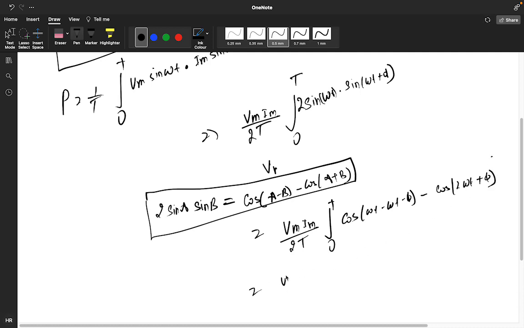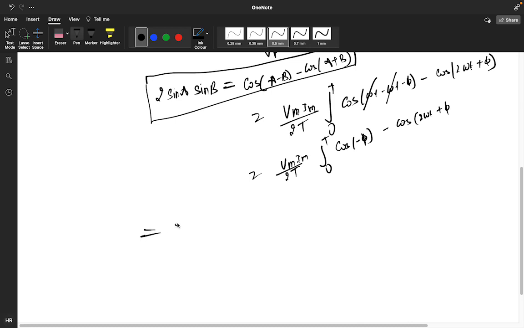So from here you are getting Vm Im by 2T, 0 to T, the omega t terms cancel out, so you get cos of minus phi, and minus cos of 2 omega t plus phi.